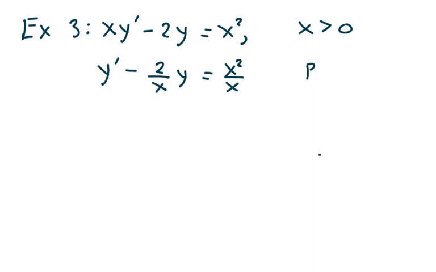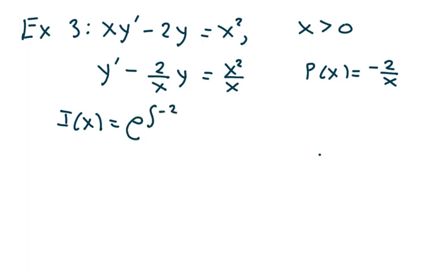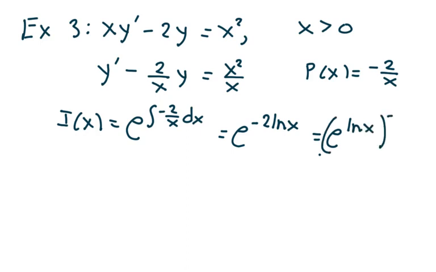Now, in this example, p of x is negative 2 over x. And so my integrating factor is e to the integral of negative 2 over x dx, which is e to the negative 2 natural log of x, which is e to the natural log of x to the negative 2.